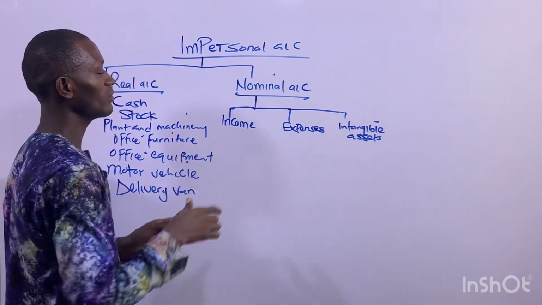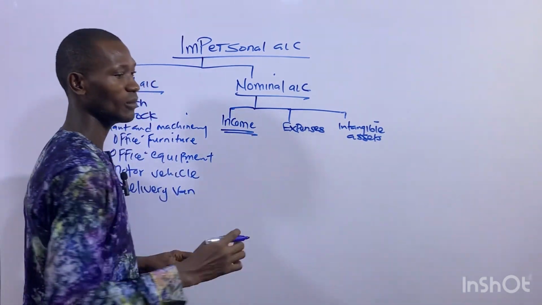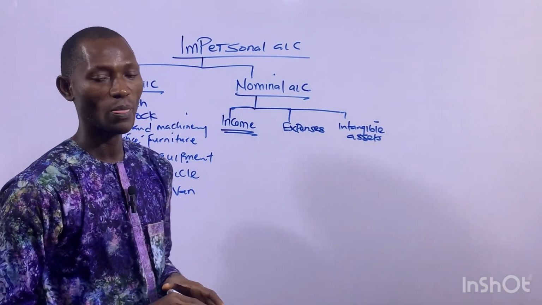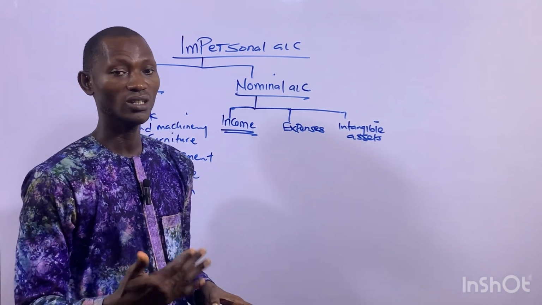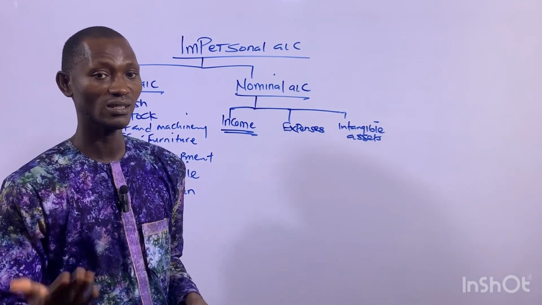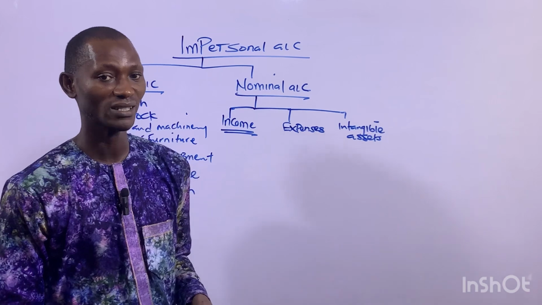So let's start with income. Another word for income is revenue. And revenue are those amounts a business realizes from its operating, investing, and financing activities.